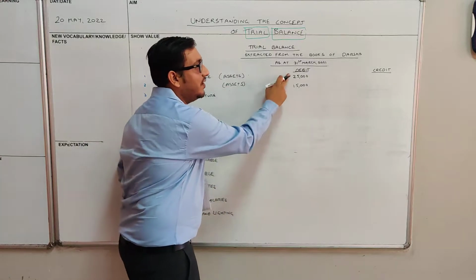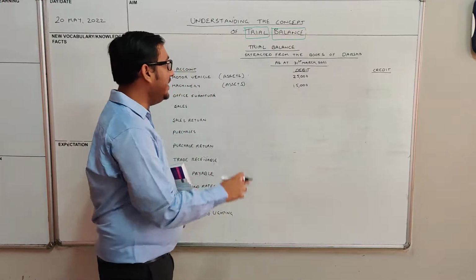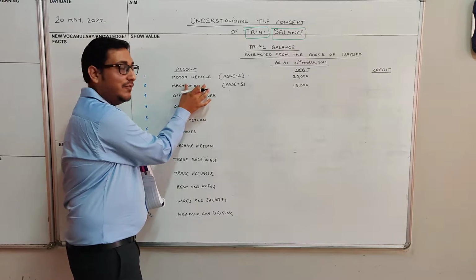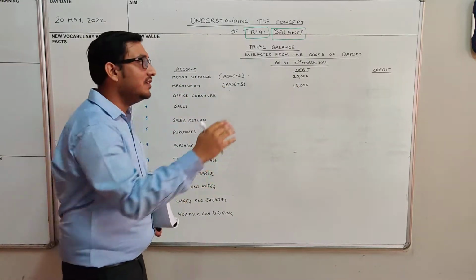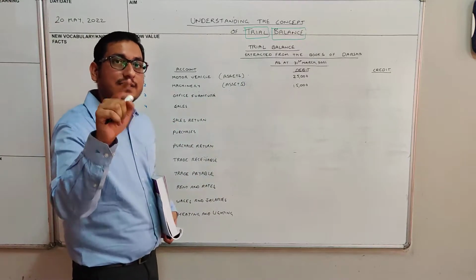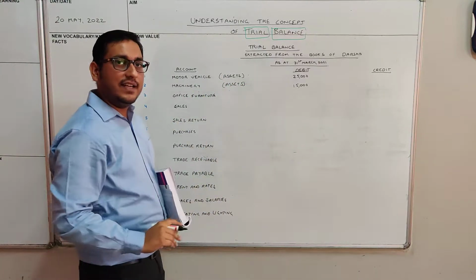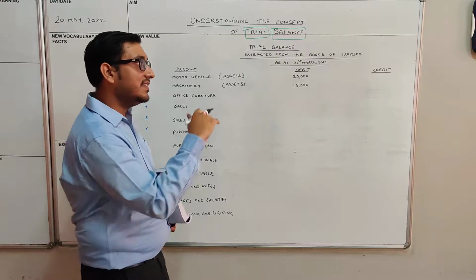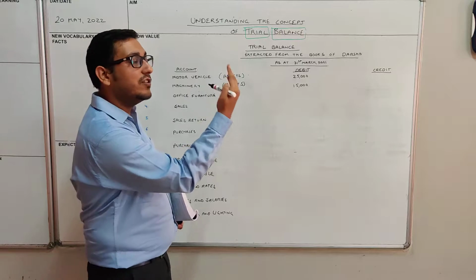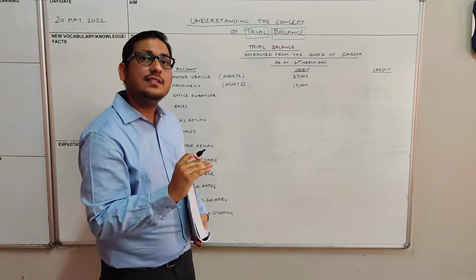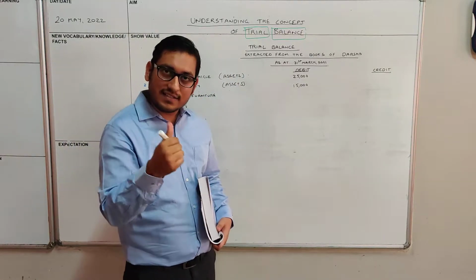All assets have a debit balance. So we need to understand the nature of the account. If it is an asset, we write on the debit side. If it is an expense, debit side. If it is a purchase, debit side. If it is a liability, credit side. If it is an income, credit side. And if it is sales, credit side.